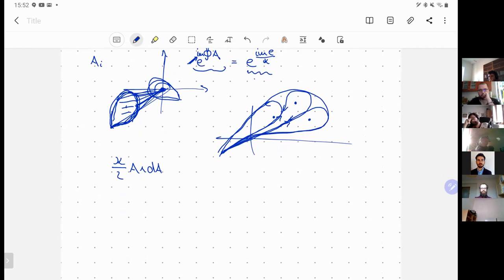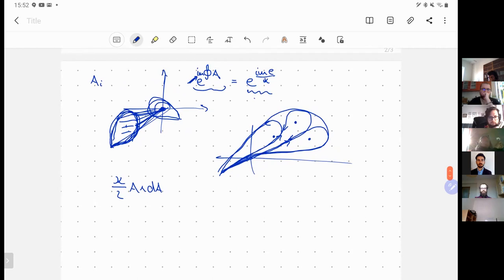And if m and e are quantized in integral units, the phase will actually be trivial. So if kappa was 1 over 6, say, then this phase would be vacant. There will be nothing. Whereas if I have some integral kappa here, it actually creates something non-trivial.